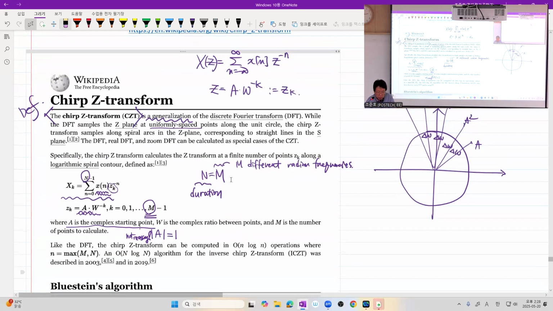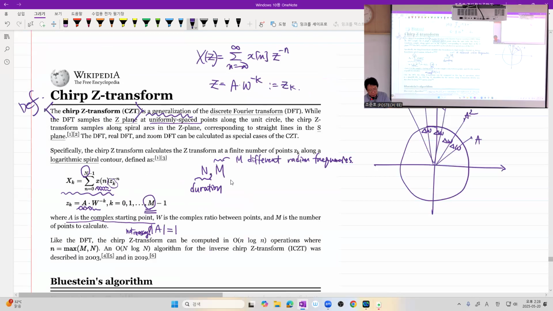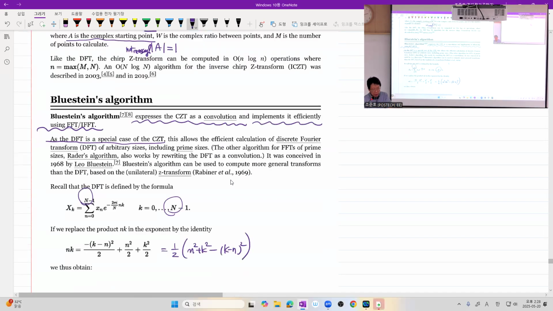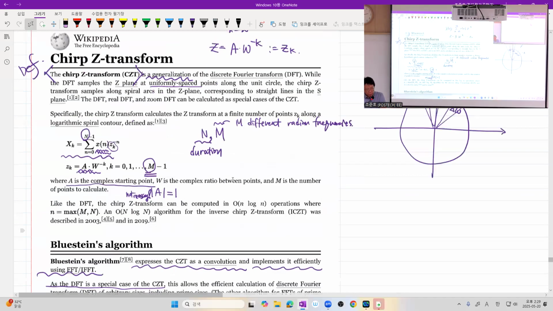So here, so far, they are not yet equal, not yet. So N is the duration, M means different radian frequencies. But in the next section on Bluestein's algorithm, they say N and M are the same. Okay.